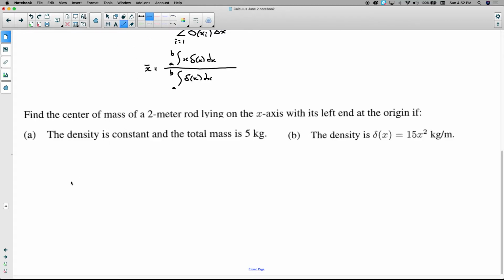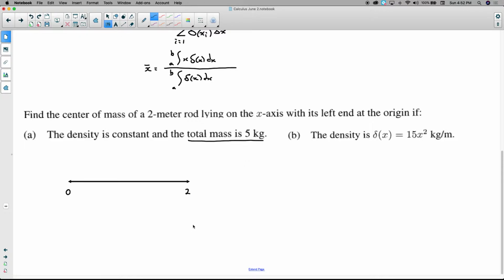And I'll just throw out a 2-meter long rod. There it is. And it says that its left end is the origin. So I'm going to call this 0. I'm going to call that 2. And here the density is constant. And the total mass is 5 kilograms. So I'll just underline that so I don't have to rewrite it.